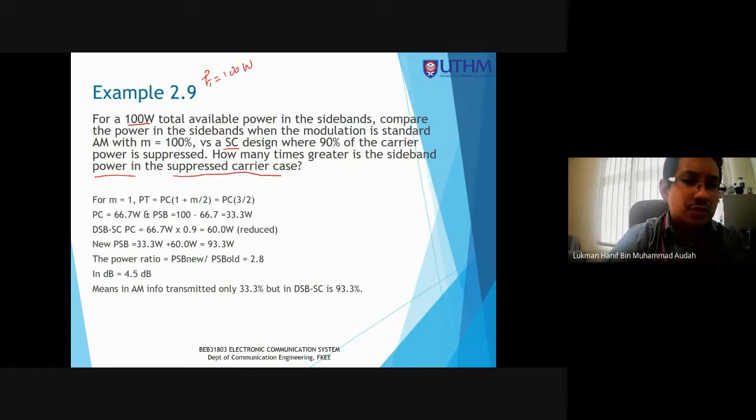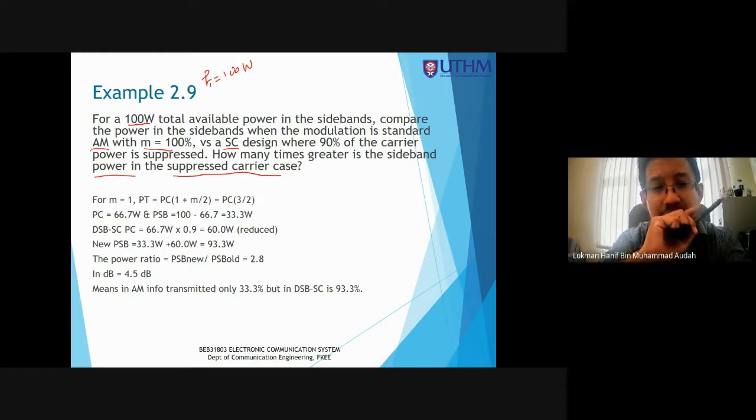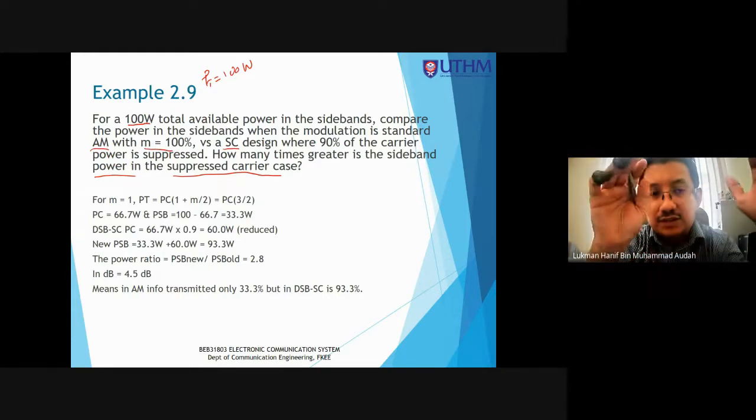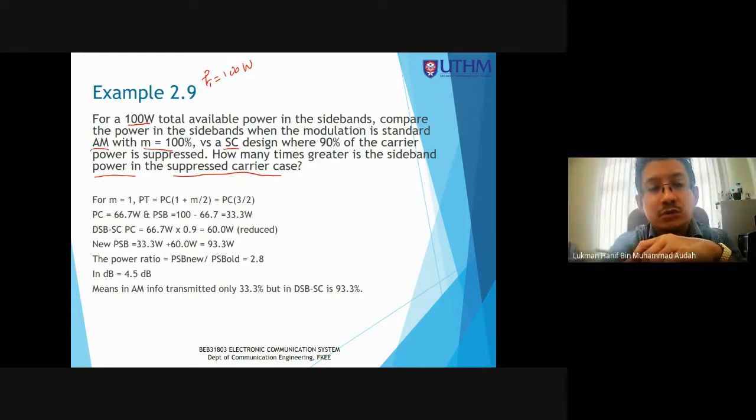Okay. So let's say for the case here is a double sideband full carrier. Kalau dalam double sideband full carrier ni with M 100%. So you diberikan dalam 100 watt untuk double sideband full carrier dengan M sebanyak 100%, ideal case. Okay.